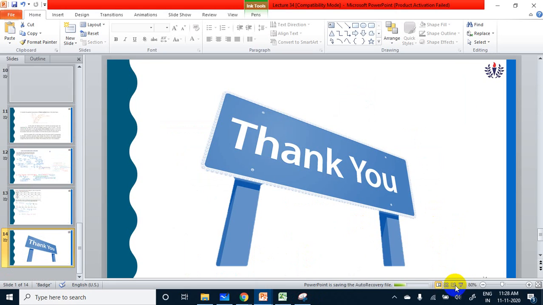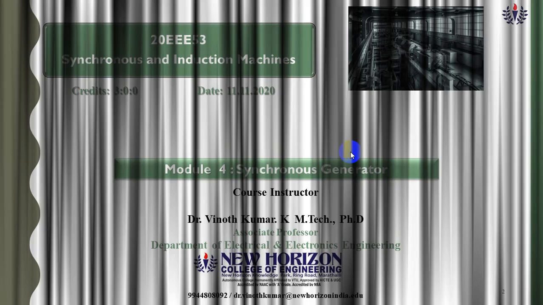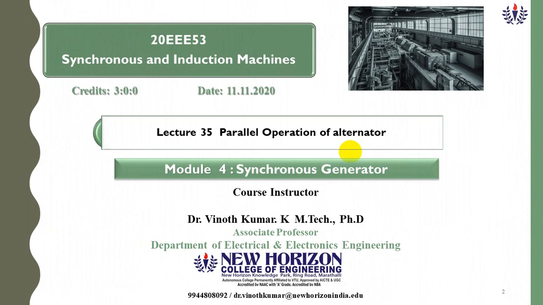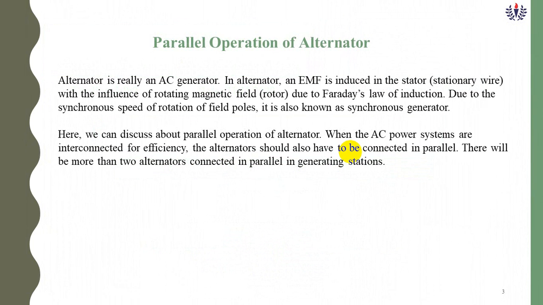Now I'm going to explain a simple concept, that is parallel operation of alternator. Parallel operation of alternator means two alternators are connected in parallel. You know the concept of series and parallel.